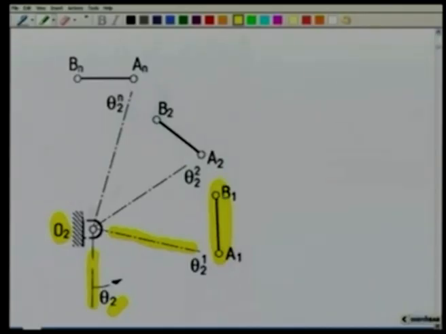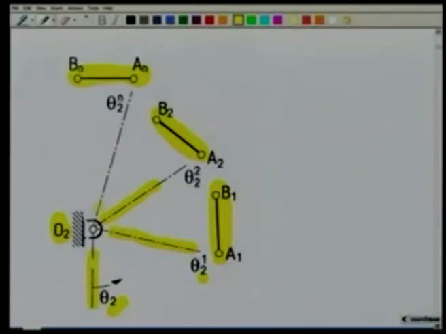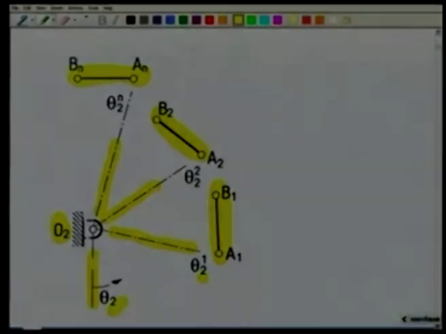That means, when the coupler occupies the position A1, B1, the link O2A must come along this line denoted by theta 21. Similarly, when the coupler goes to the second position, namely A2, B2, the input link must be along this line as denoted by theta 22. Similarly, when the coupler is at the nth position, say An, Bn, which for n equal to 3 will be A3, B3, the input link must be along this line as given by theta 2n. So, this is what we mean by guidance problem, but coordinated with the input movement.